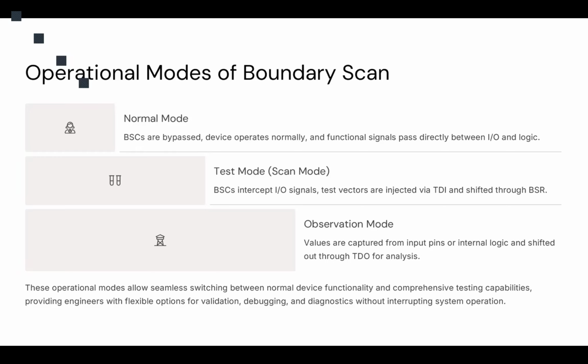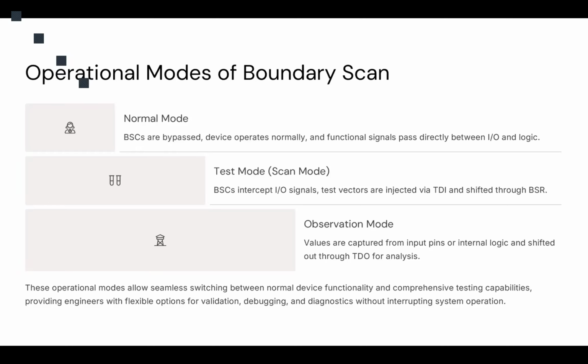Now we have the test mode, the second mode, which is when those cells kick in. When we have a test mode, those scan cells intercept the input-output signals coming from the core logic. We have a test vector that is injected from the TDI and gets shifted through all the cells, and the output cells can override the normal output signals and drive a specific test pattern to the external nodes.